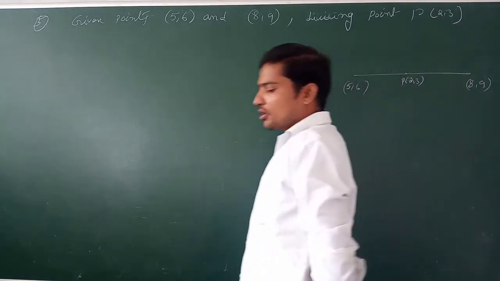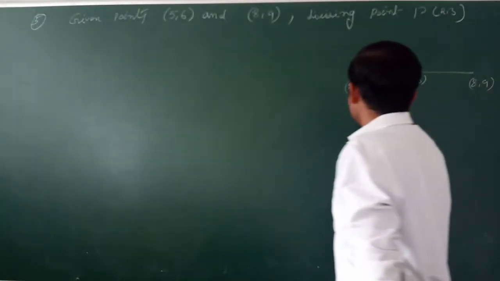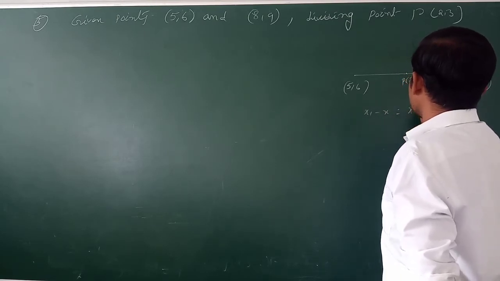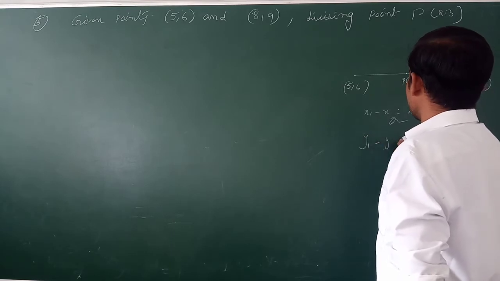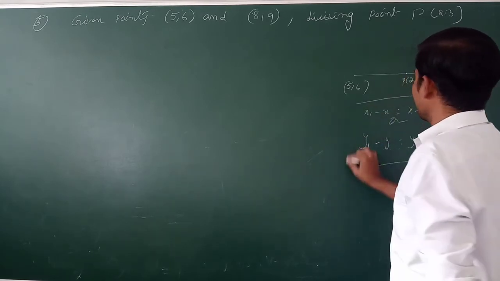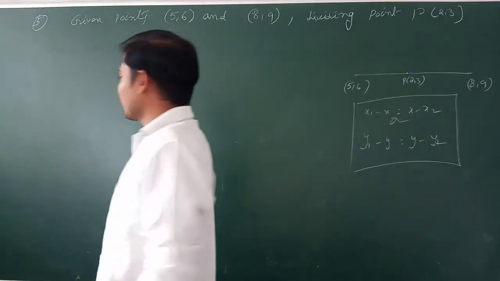Then in which ratio does it divide? We have a formula for the dividing ratio: (x1 minus x) is to (x minus x2), or (y1 minus y) is to (y minus y2). You can use any one of them to denote the ratio.